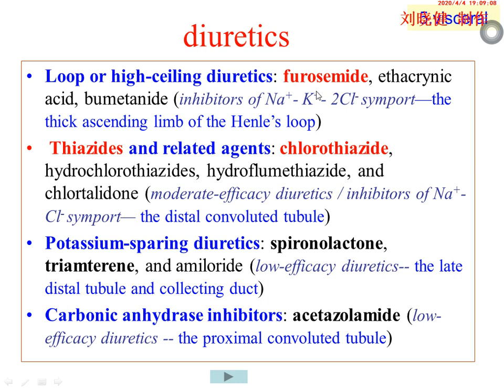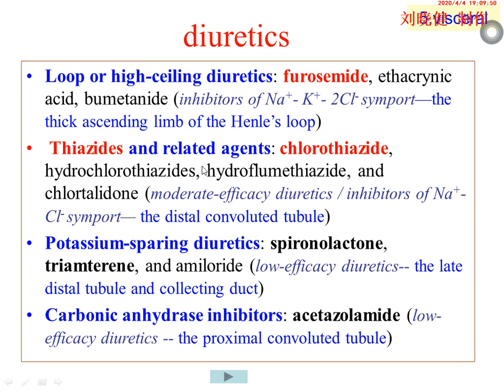Like high-ceiling diuretics, furosemide is the representative drug in this family. It has very potent, very transient, but powerful diuretic effects. So they are usually used for some emergencies, like acute pulmonary edema. You know, it is the first choice to promote some toxicants excretion.